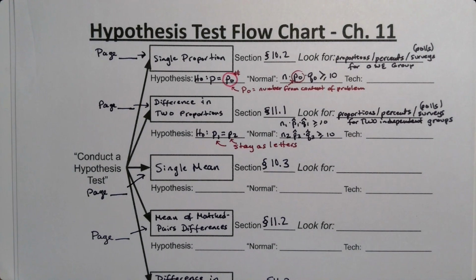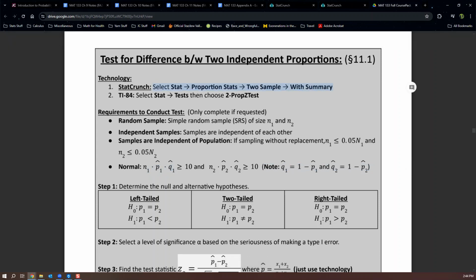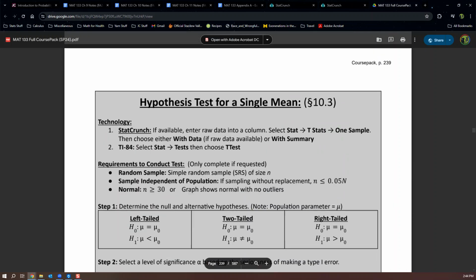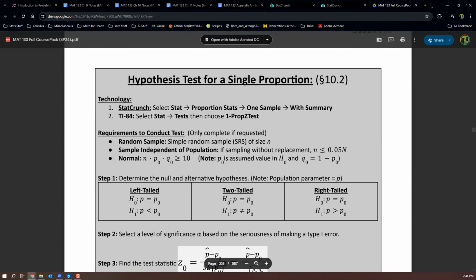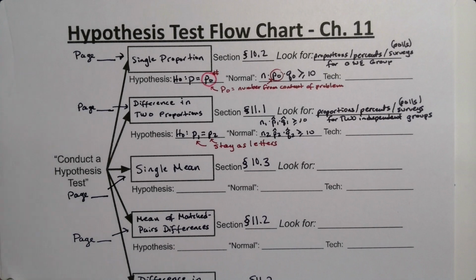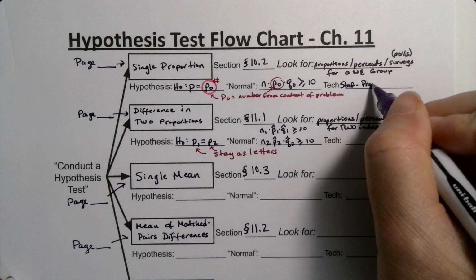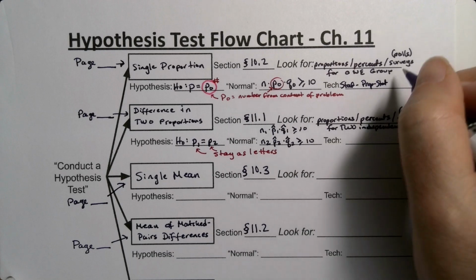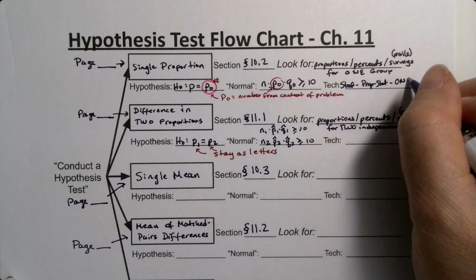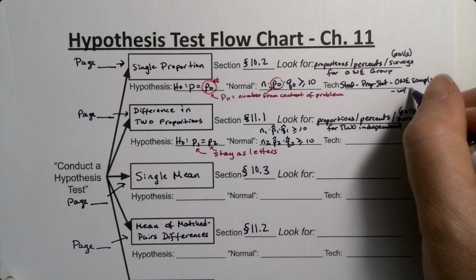Now the technology for these are given in these packets. It tells you right here at the top, stat, proportion, stat 2 sample with summary, because of course this is 2 independent proportions, as opposed to stat, proportion, stat 1 sample with summary. So that'll go into the technology line here on the flowchart. So it'll be stat, proportion, stat 1 sample, oop, I ran out of space, with summary.